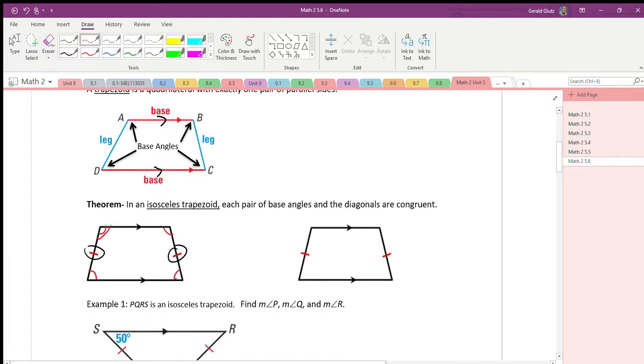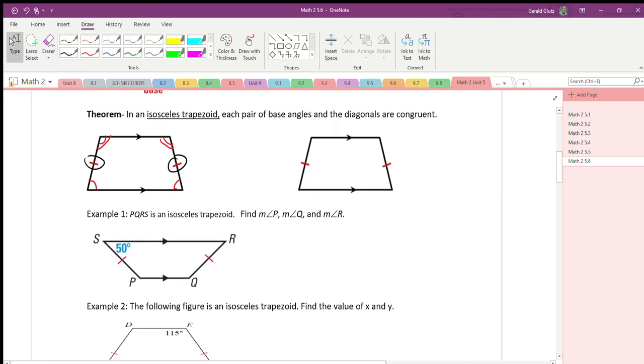These two angles will also be congruent to each other. So when we have any type of trapezoid, the angles that touch the two different bases, like these two angles or these two angles, those are always supplementary in any trapezoid. In an isosceles trapezoid, these two are congruent, these two are congruent.